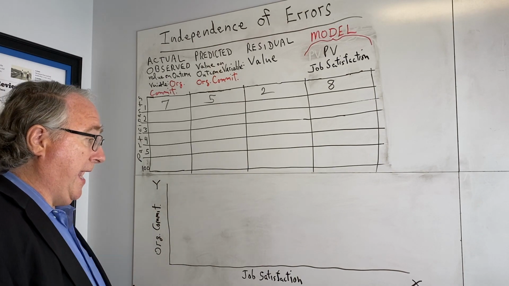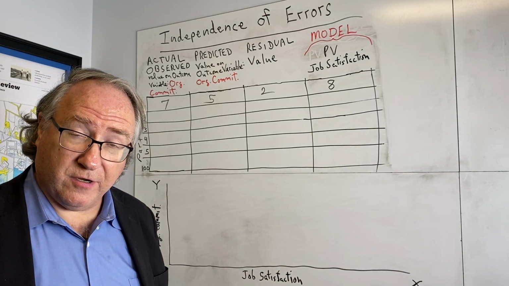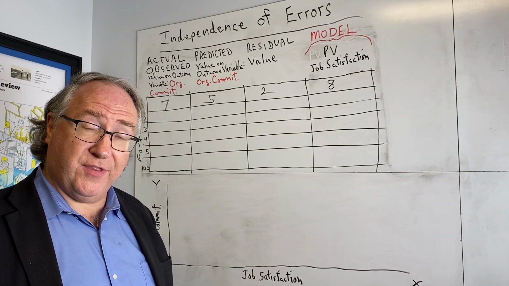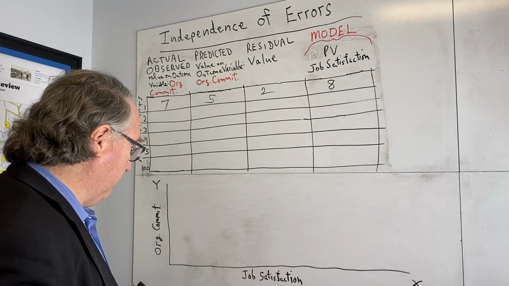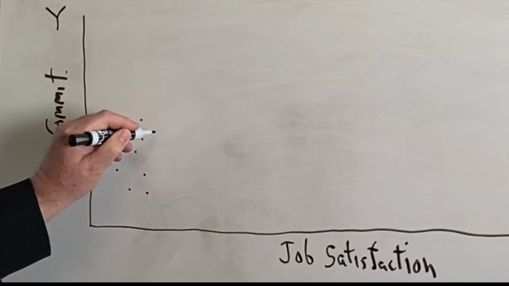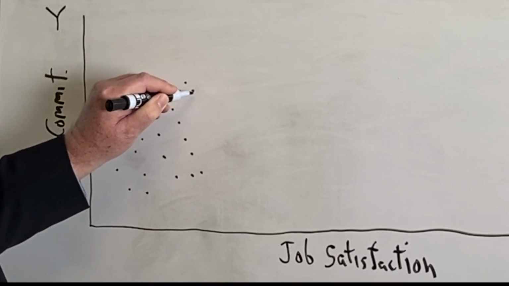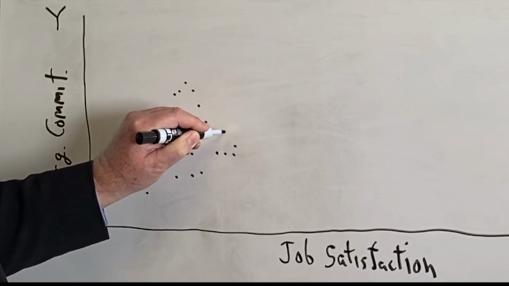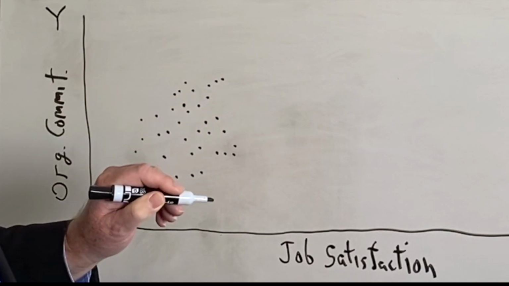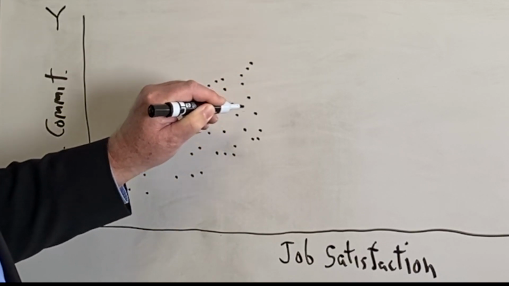Now I'm going to put in actual observed values on the outcome variable organizational commitment.